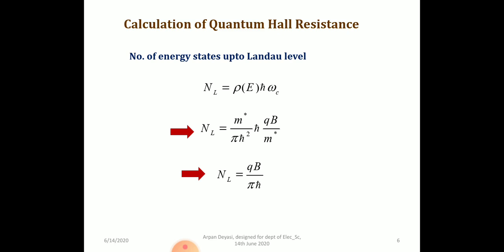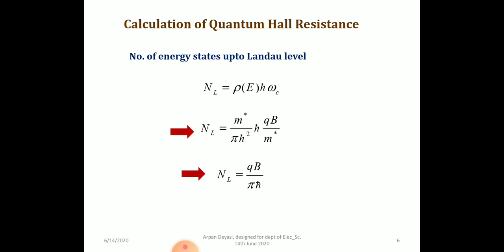You know, m star by pi h cross square. Again, please remember that I am considering a single subband, not all. If you consider all subbands, then the Heaviside step function will come into play. But I am not interested in that because we are going up to a single Landau level where all the energy values are filled. So why would we consider the Heaviside function? It's not at all required.